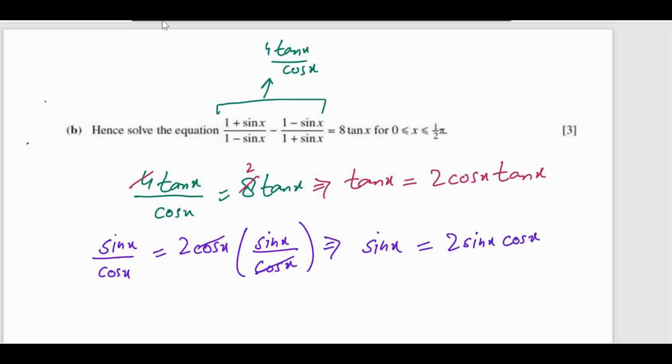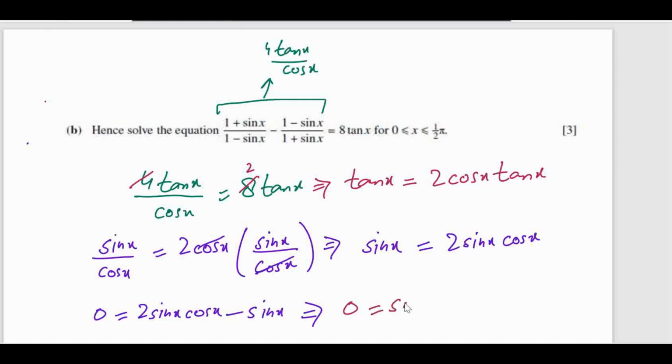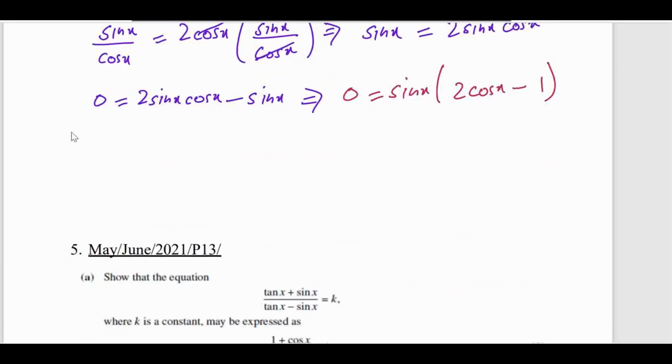Now if we rearrange it further, this will be 0 is equal to 2 sin of x cos of x minus sin of x. And now from here we can take sin of x as common, so this will be 0 is equal to sin of x into 2 cos of x minus 1.